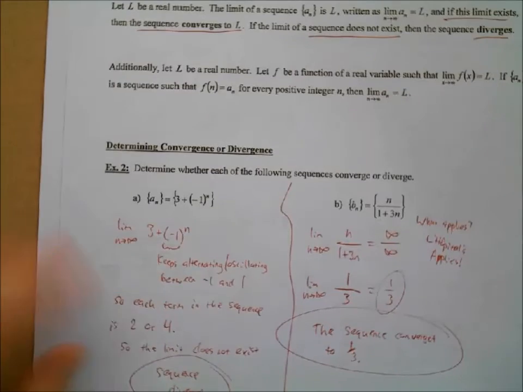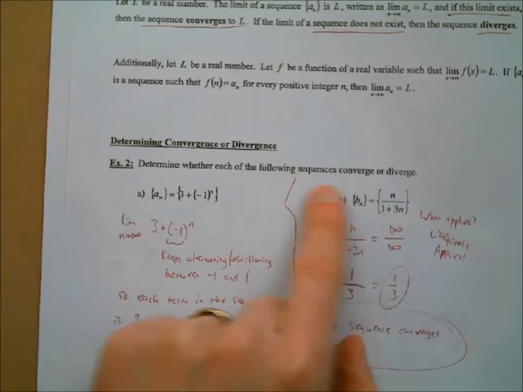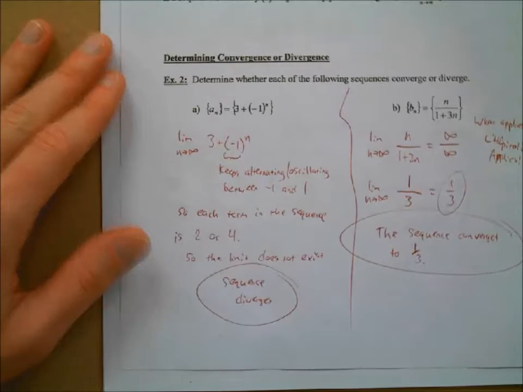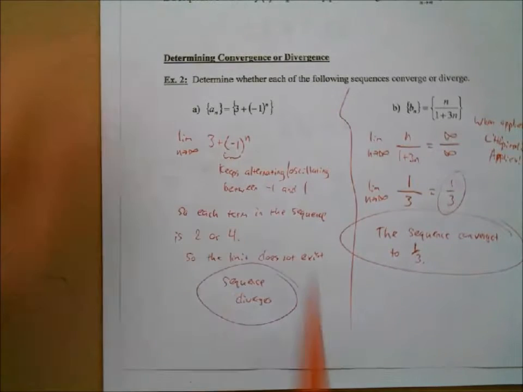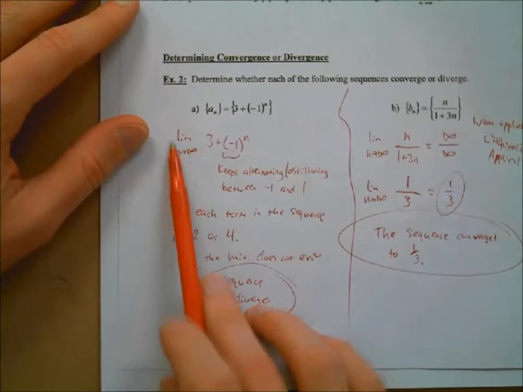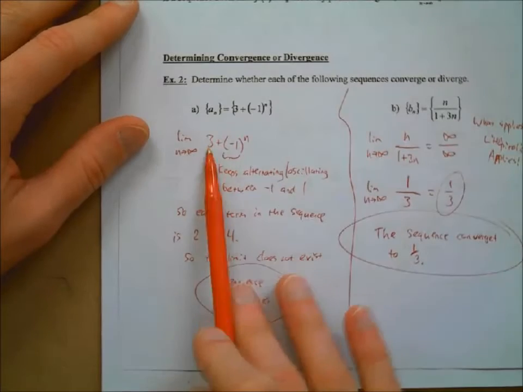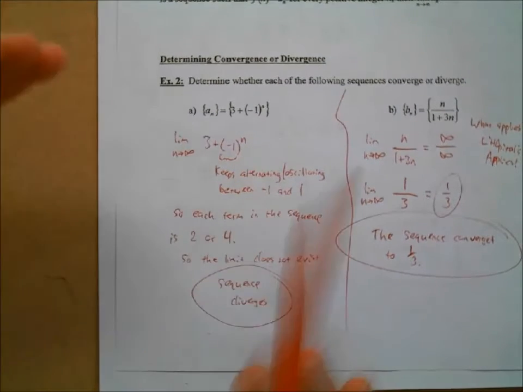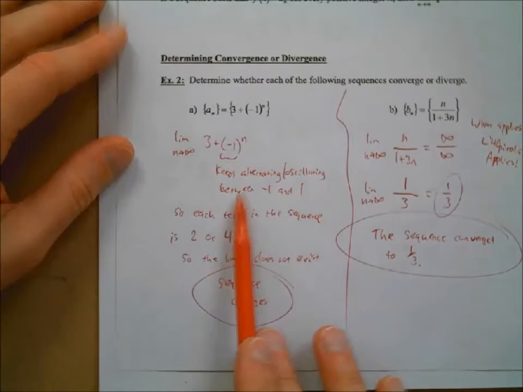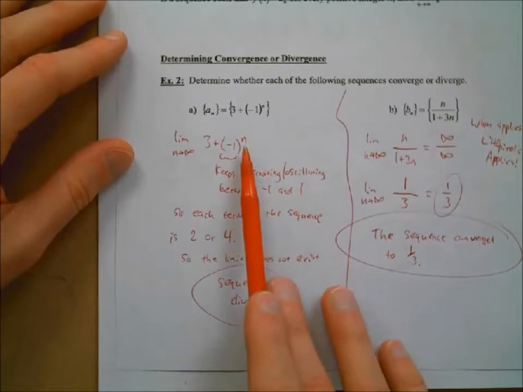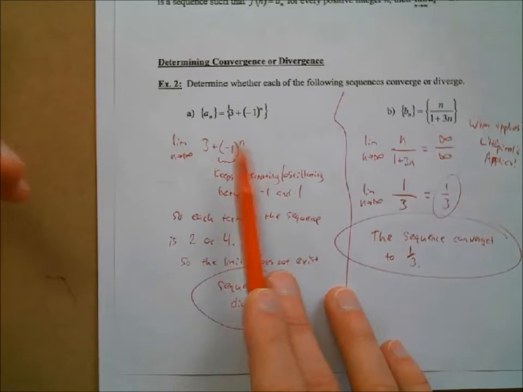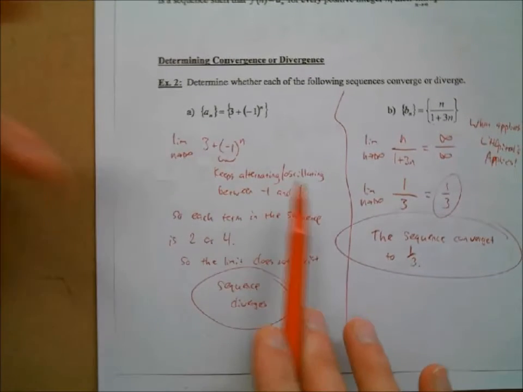Anywho, determining whether each of the following sequences converge or diverge. So looking at A and B, we'll start with A here. Okay. Looking at A, and trying to take the limit as n approaches infinity of this thing, we'll notice that that 3 is going to stay 3, but -1 to the n will keep alternating or oscillating between -1 and 1, right? If n is even, this will be positive 1. If n is odd, this will be -1, and so we're going to oscillate between 2 and 4. This is the sequence we saw earlier in the notes.